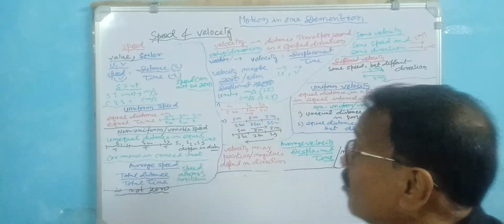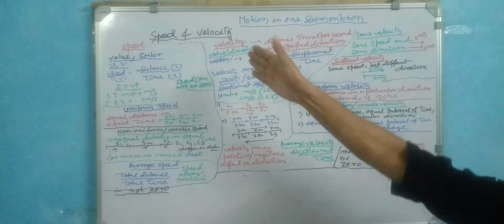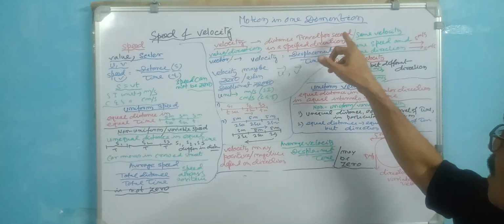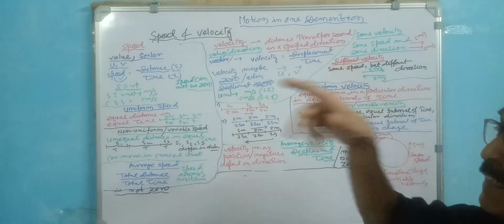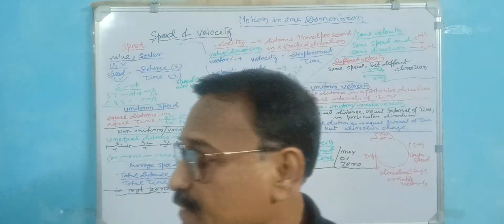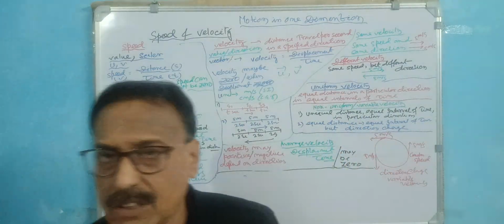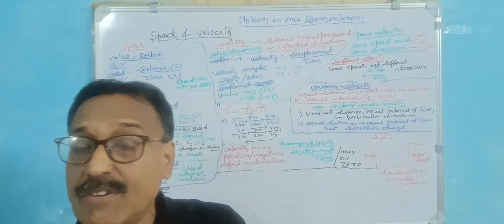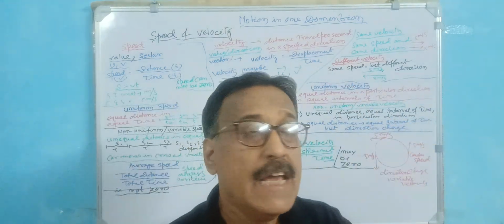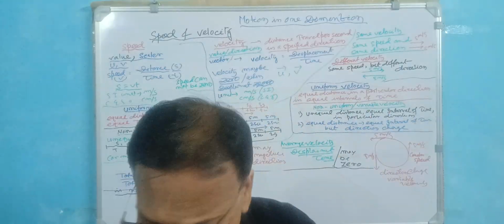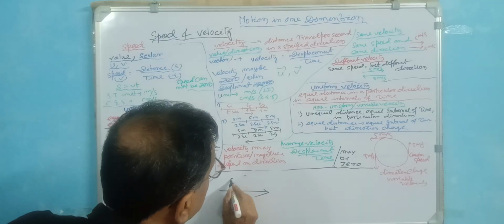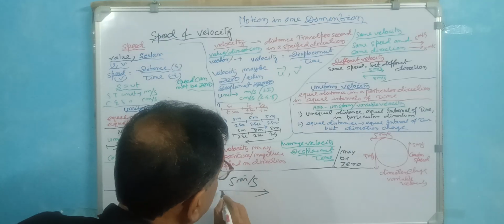But next is the velocity. Velocity is distance traveled per second in a specific direction. This is a very important thing. In case of speed and velocity the magnitude is the same, no problem. But in case of velocity, you mention a particular direction. That means a car is moving in a particular direction at 5 meters per second.